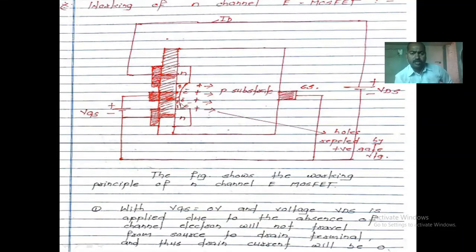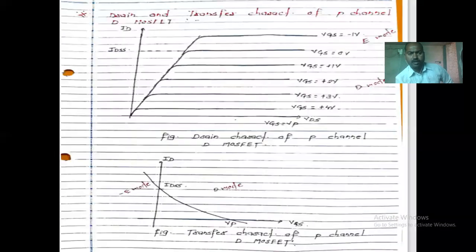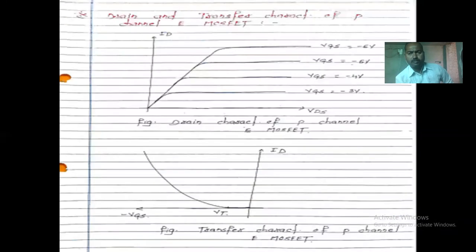As we increase the negative voltage, P has holes and N has electrons, so they recombine with each other, and that leads to formation of this channel. This happens in the P channel E MOSFET.